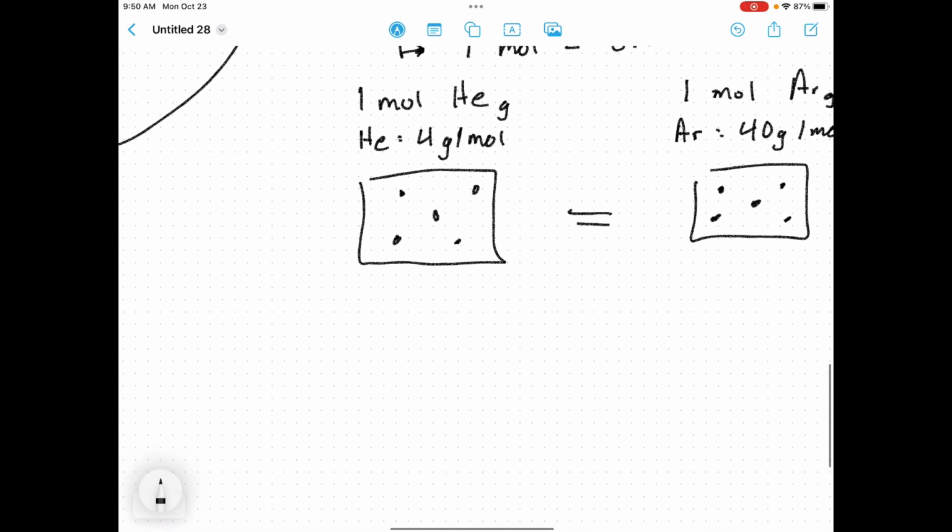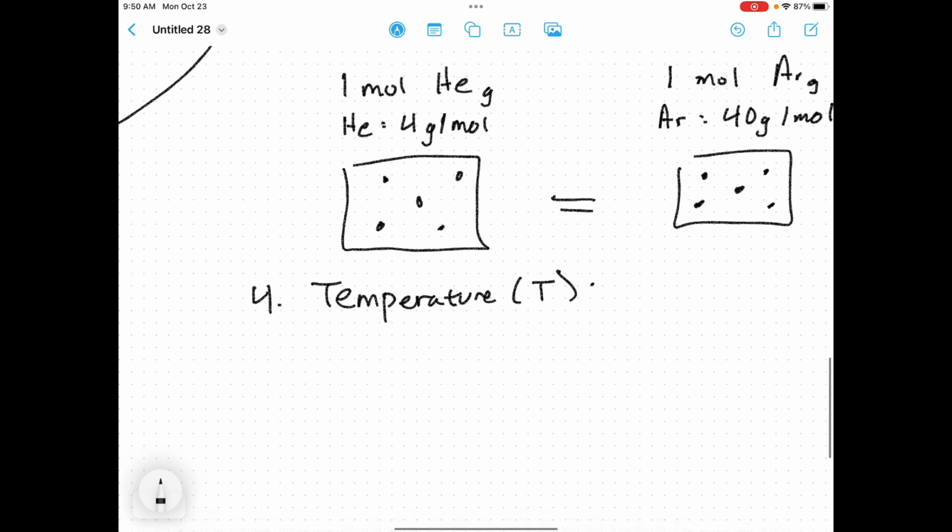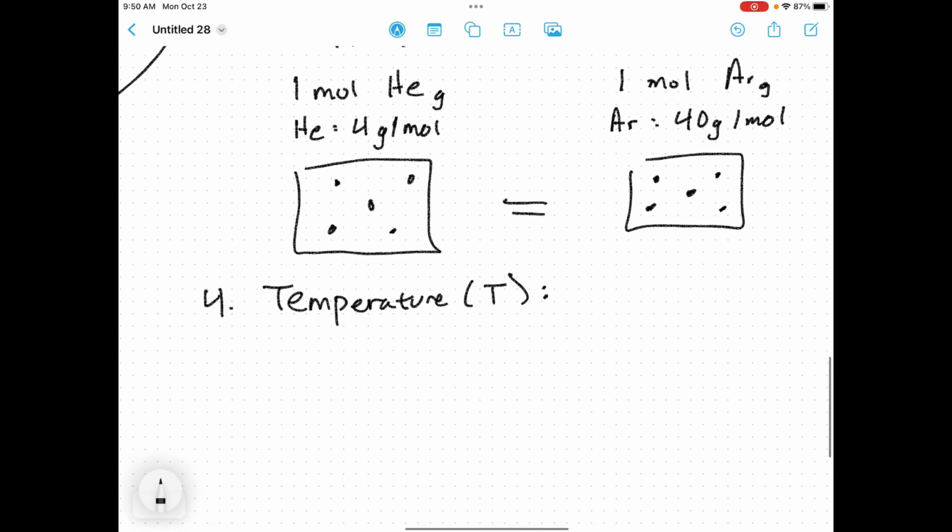Okay, the last thing we need to talk about is temperature. For that, we'll use the letter T. Temperature is different from heat. Temperature is a measure of how much energy is in the system.